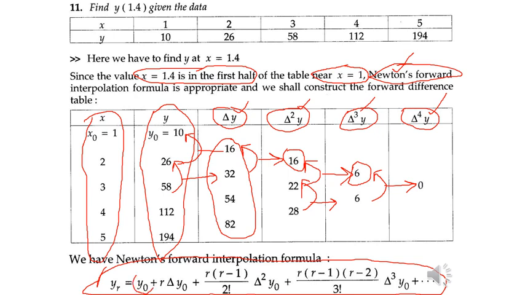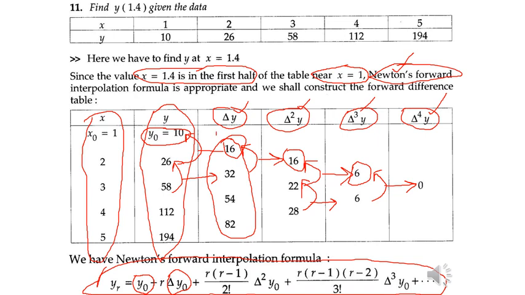First entry is y naught. Where is y naught? Y naught is here, that is 10. And the next entry is delta y naught. Where is delta y naught in the table? See, this is your delta y naught, as we have already explained in the beginning.